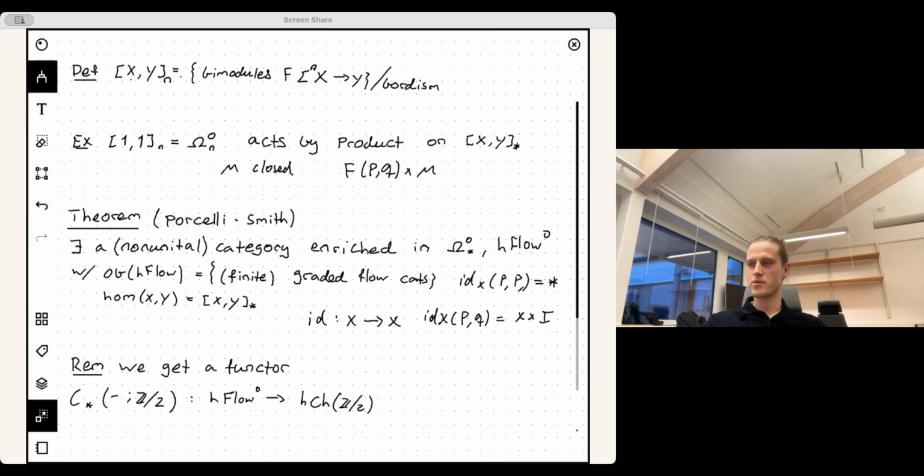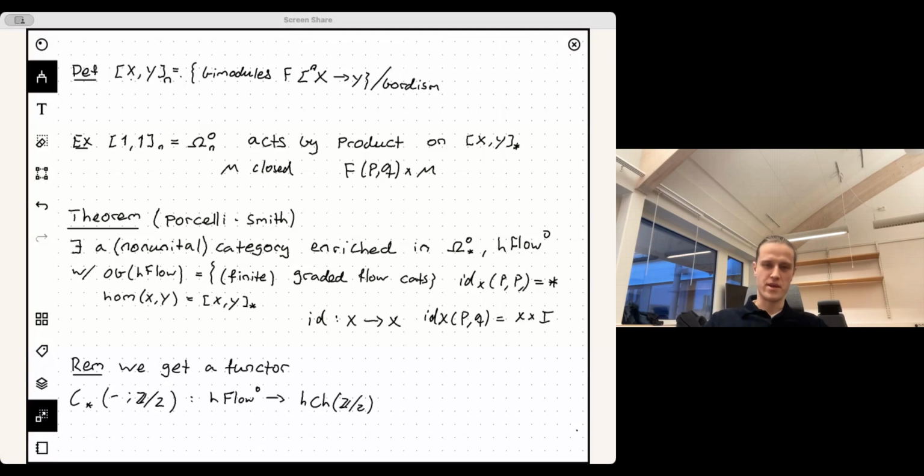But of course, we would like to have something even bigger. A homotopy category is good, but to really do everything you would want to do, we would want to upgrade this to some kind of infinity category.